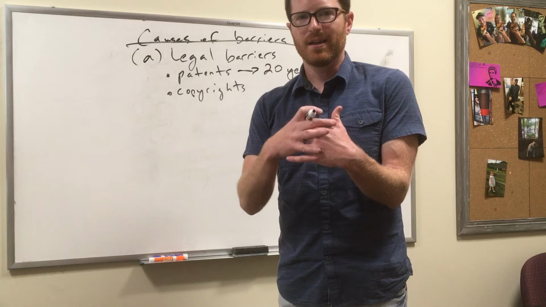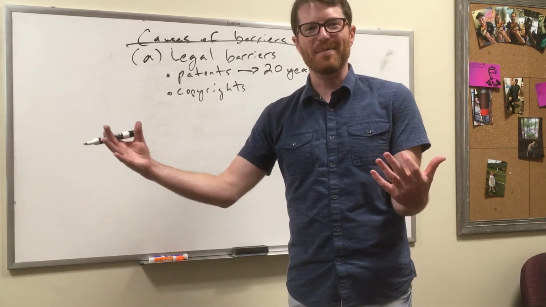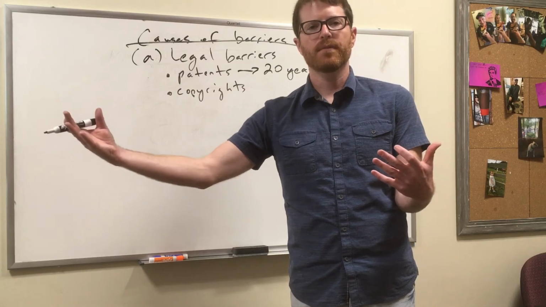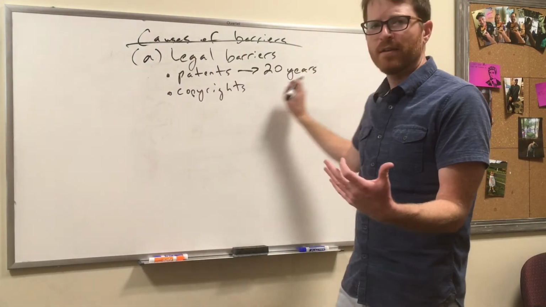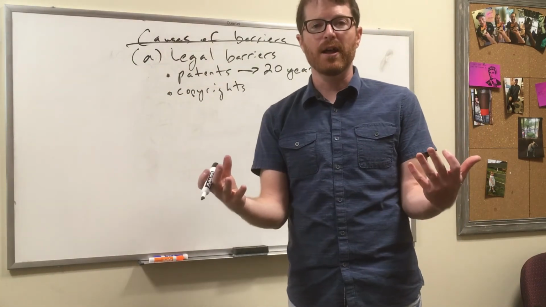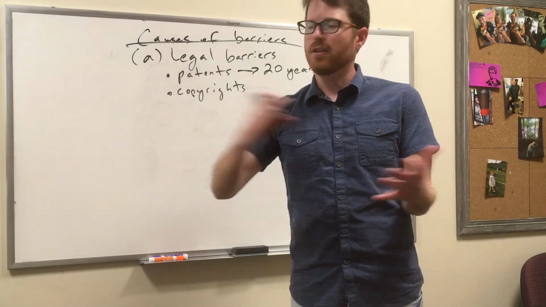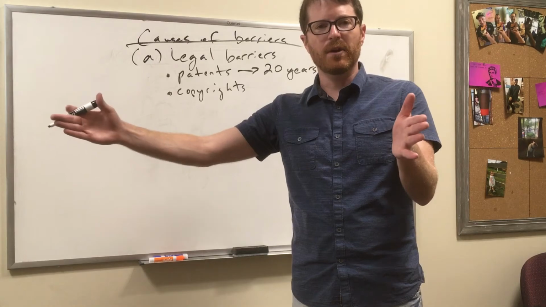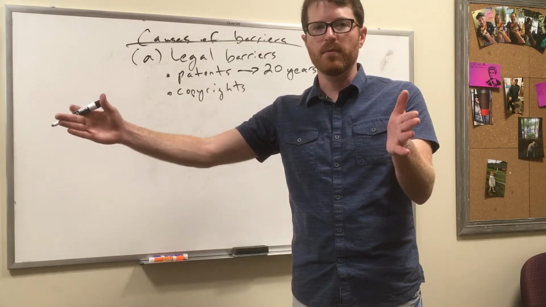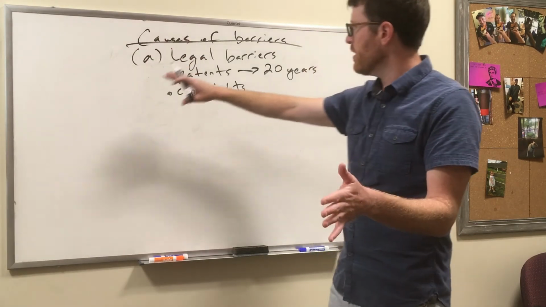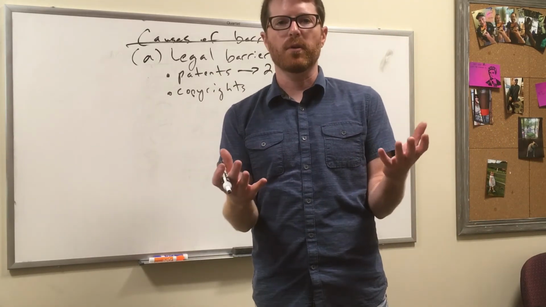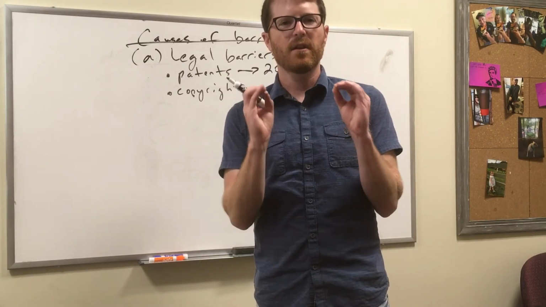I can't just live on no money. So the whole reason I would create a medicine is for the profitability of it, okay? And what the patent does is it gives me perhaps a 20-year timeline where I can sell the good and no one else can sell it, all right? It gives me an incentive to create it because I know I've got 20 years where no one can compete with me. Now after that 20 years, the patent goes away and now the free market can jump in and everyone can produce it, but it gives an incentive to innovate.